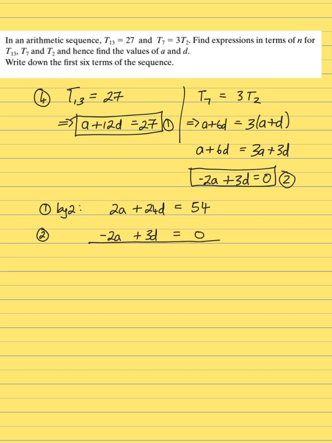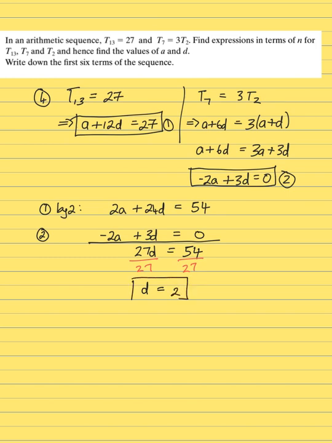And we just add those together. 2a minus 2a is 0. And then 24d plus 3d is 27d. And 54 plus 0 is 54. Divide both sides by 27. And that gives us then that d is equal to 2.